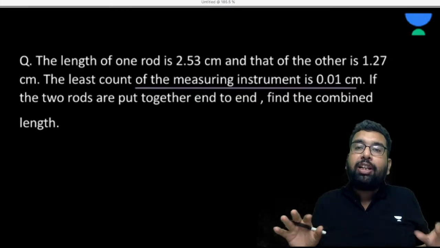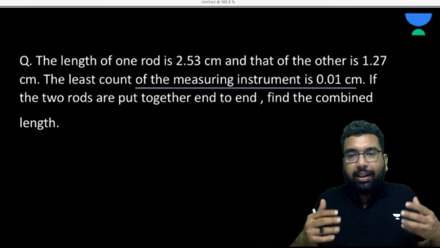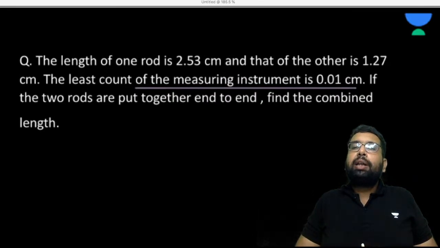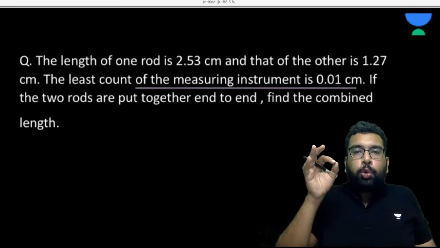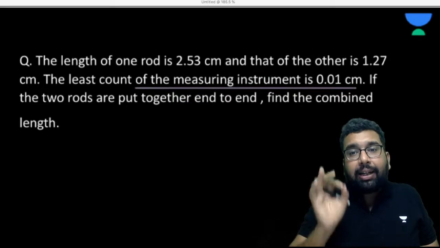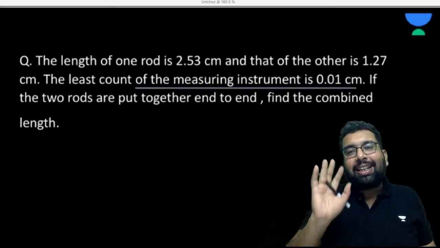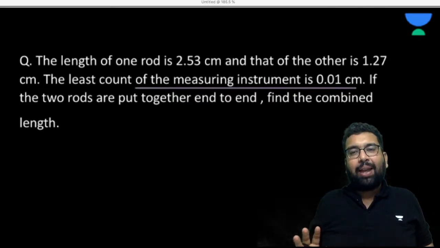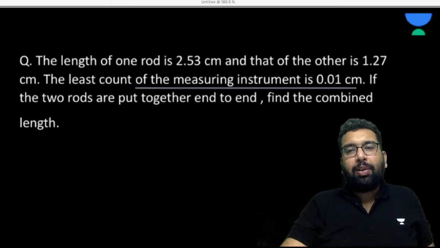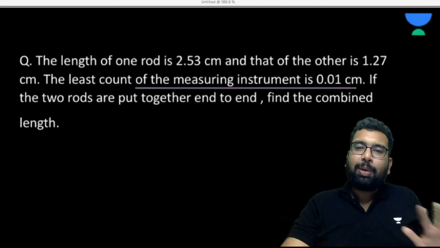The meaning of least count in context to a measuring instrument is that you cannot measure accurately any measurement which is less than this. So if you are going to measure 0.099999, you cannot be able to measure that.